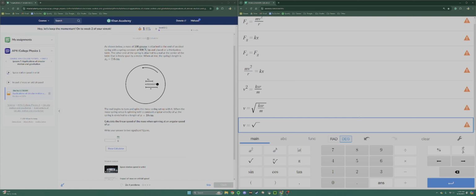k is going to be our 900 here, so we're going to put 900. Our x is going to be the stretched length minus the initial length, but you have to remember to put it from centimeters into meters. So we're going to do that now.